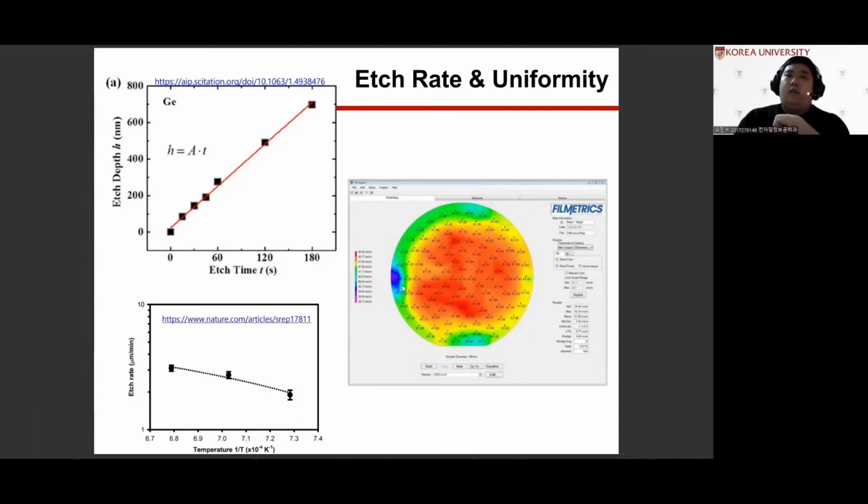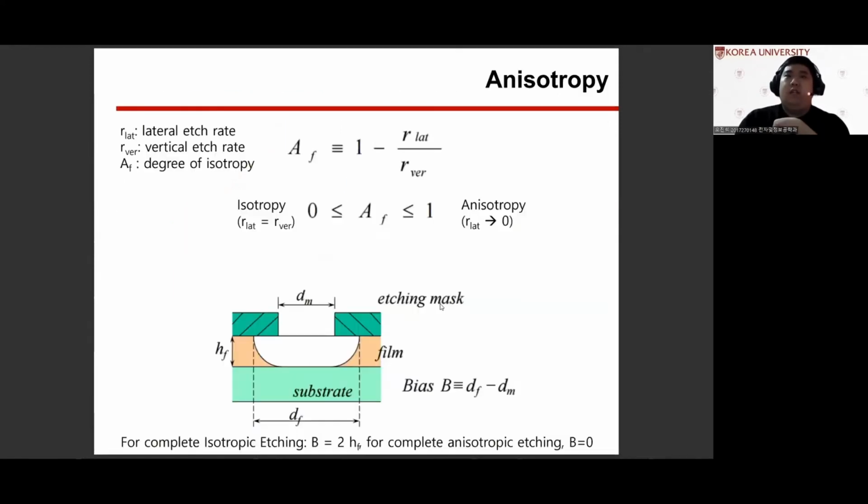Next, on the right side, you can see the uniformity pattern. As you can see, the center part is etched much more than the outer parts.